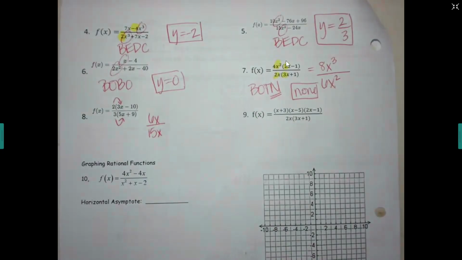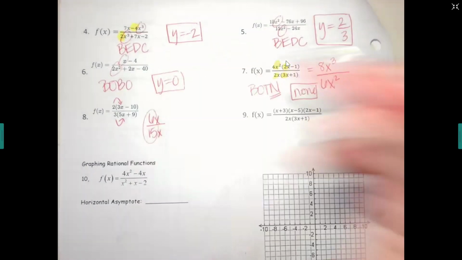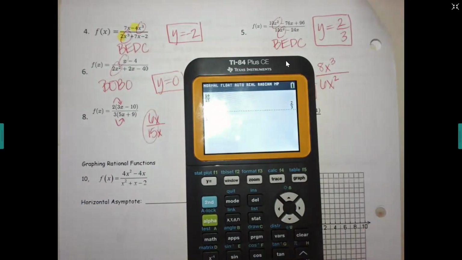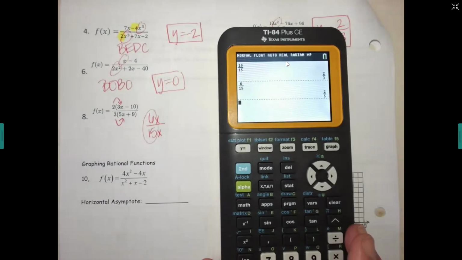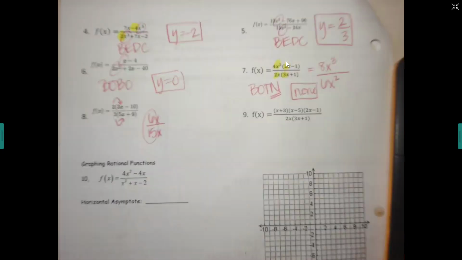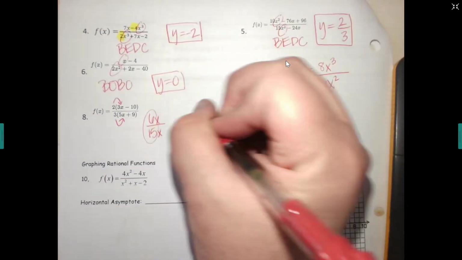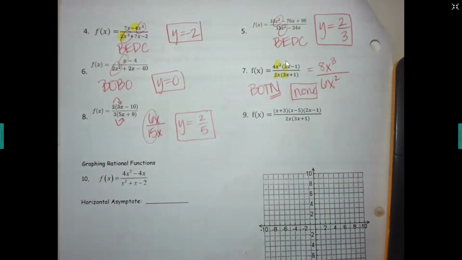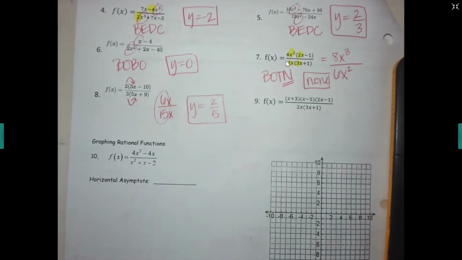Then what do I do with the numbers in front? Divide. And remember, you can do that on the calculator. 6 over 15 goes to 2/5. When you type these in for your homework, make sure you put the y equals or it'll count it wrong. Okay. All right, last one, number 9.